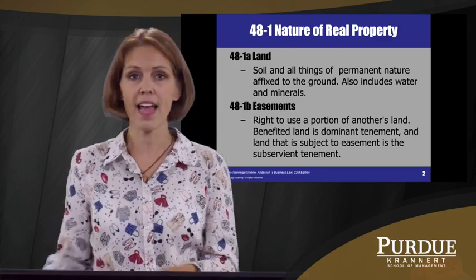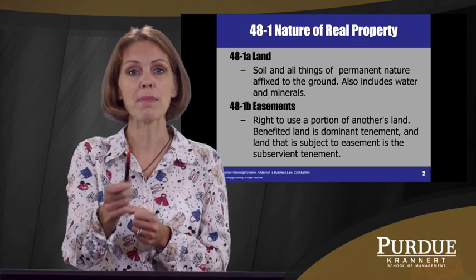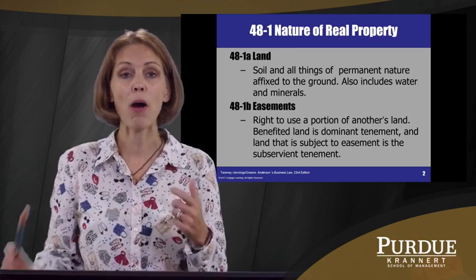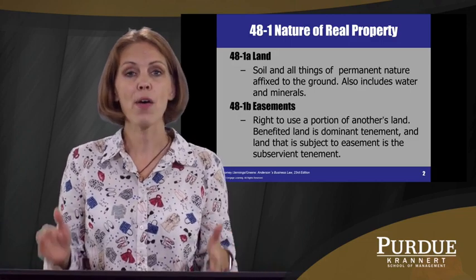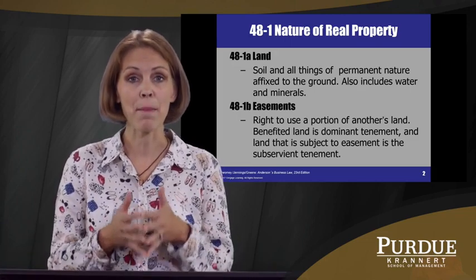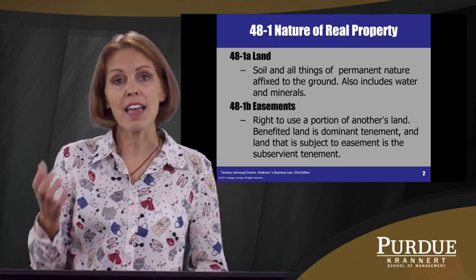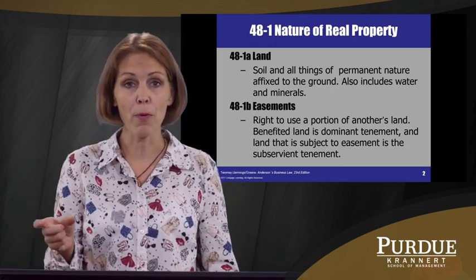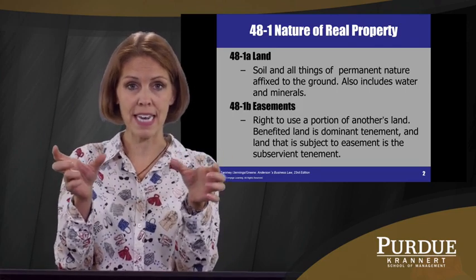When I give someone an easement to my land, what I'm doing is giving them the legal right to access a part of my land. They don't own the land, but they now own the right to access a piece of it. It's that right to use a portion. In class, I would have drawn on the board an example of a subservient and a dominant estate.